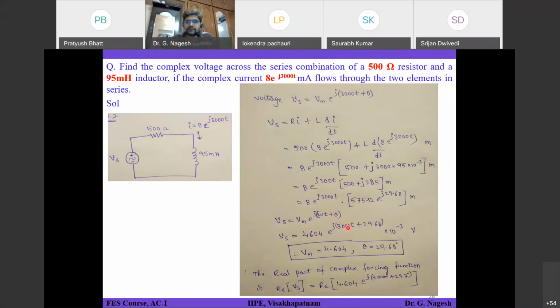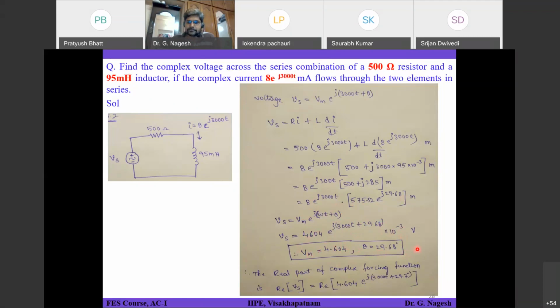In e power j omega t, that means j into 3000 t plus 29.68, into 10 power minus 3. So theta you have observed to be 29.68, and this is in milli, that means 10 power minus 3 is there, that's why it has become 4.604. Vm is equal to 4.604 and theta is equal to 29.68.